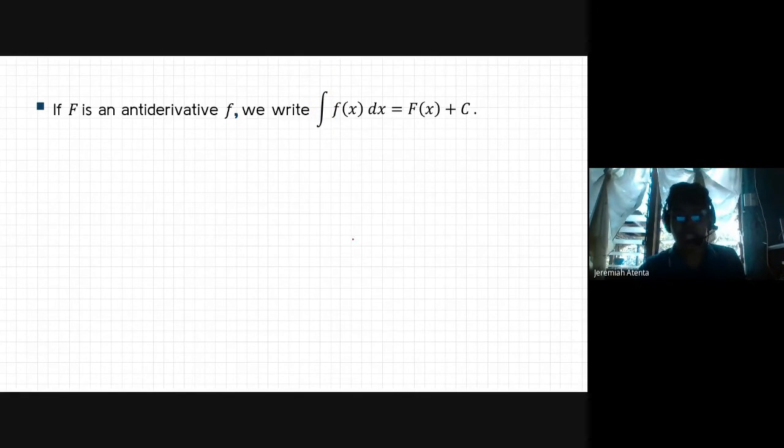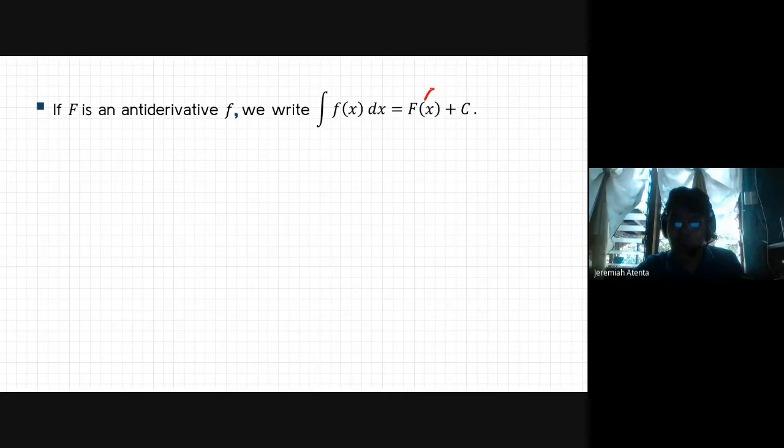So how are we going to read this one? This is the integral of f of x with respect to x. Again, hindi siya dx, but with respect to x. Pero pwede nang dx, para diretso na tayong mag-read. So we have the integral of f of x dx, or the integral of f of x with respect to x is equal to the uppercase F of x, which is the antiderivative, plus c.